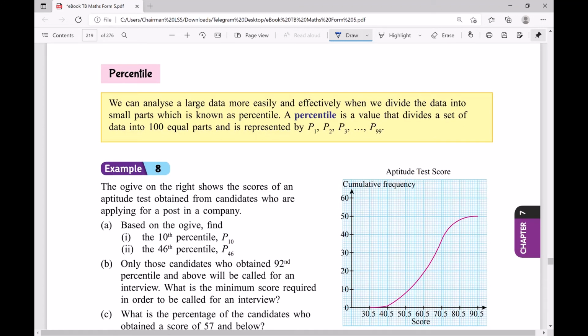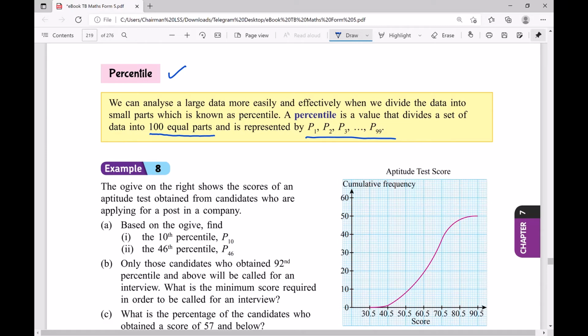Okay, now we move on to percentile. A percentile is a value that divides a set of data into 100 equal parts, and it is represented like this. You have until the 100th percentile.